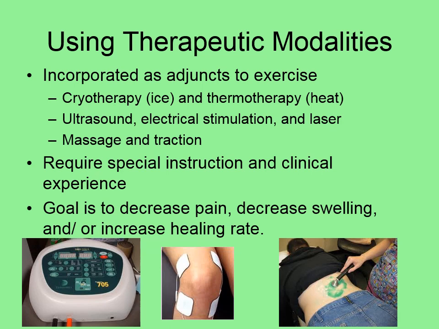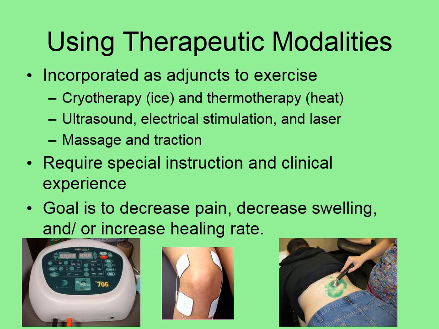That is usually our first line of defense. If we have this available, we can also use ultrasound, electrical stimulation, and or laser treatments. Other treatments that can be helpful are massage and traction. And traction is a special kind of stretching.